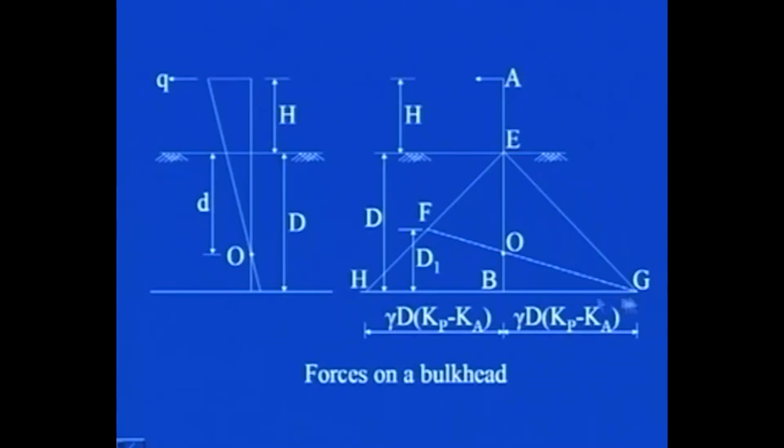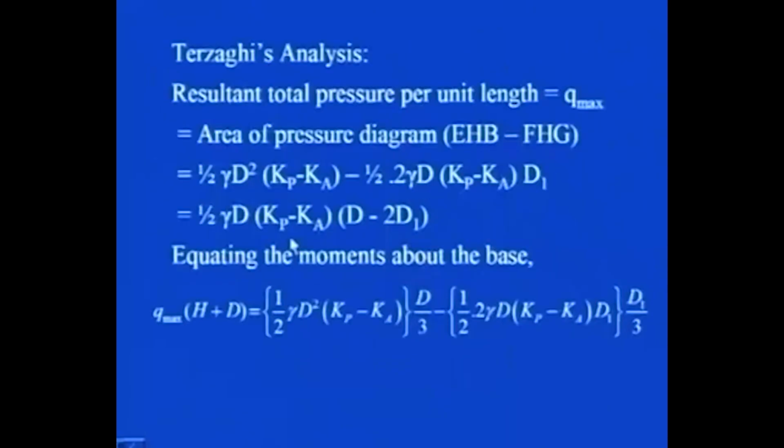So, this HG becomes 2 gamma d Kp minus Ka, and the height of this triangle is d1. Accordingly you can write this expression as half gamma d square Kp minus Ka, which is the area of the pressure diagram under EHB, then half of 2 gamma d Kp minus Ka into d1, which is the area of FHG, and this results in the expression half gamma d Kp minus Ka, d minus 2 d1.